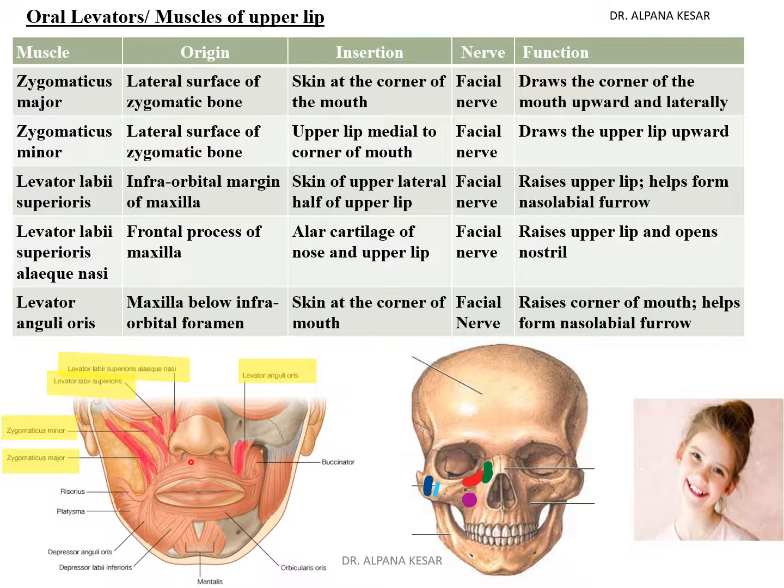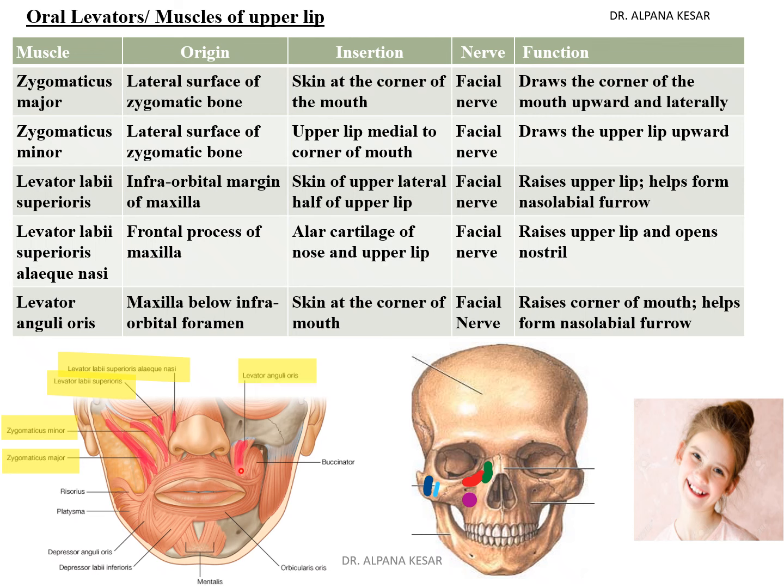Levator labii superioris alaeque nasi takes origin from the frontal process of the maxilla. An insertion is in the upper lip medial to levator labii superioris, and it also takes insertion in the alar cartilage of the nose. Both these muscles help in raising the upper lip.